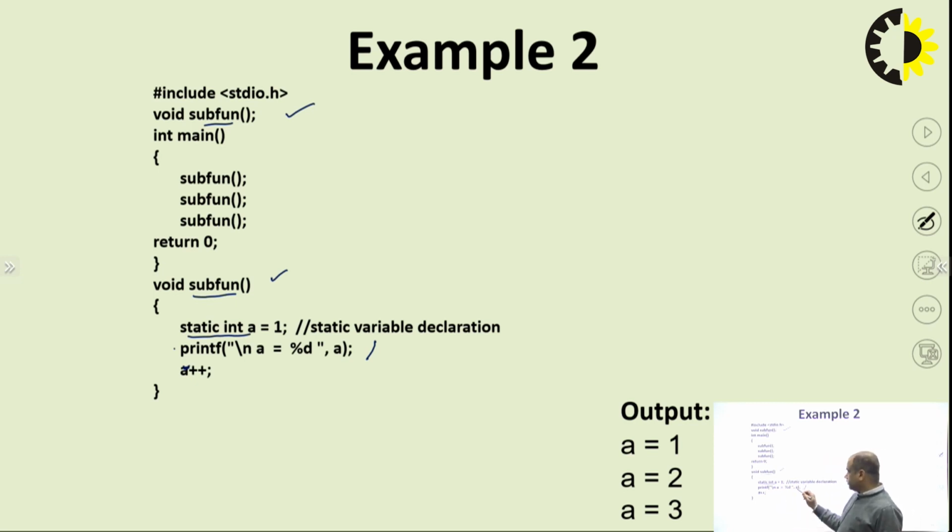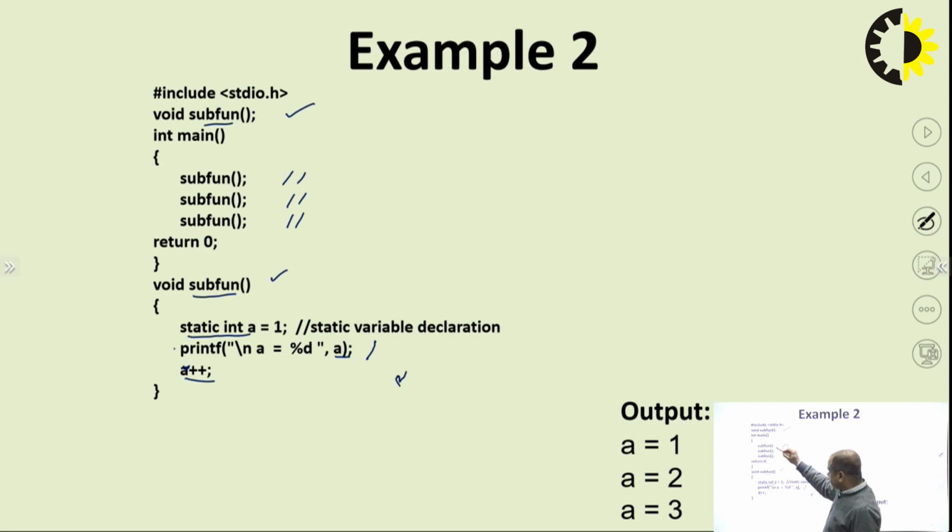In that function we define variable a equal to 1 of type static, and we print that variable. After printing, we increment that variable. So in the main function we call subfunc one time, again subfunc, again subfunc.